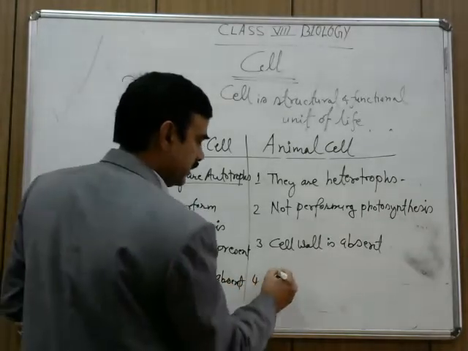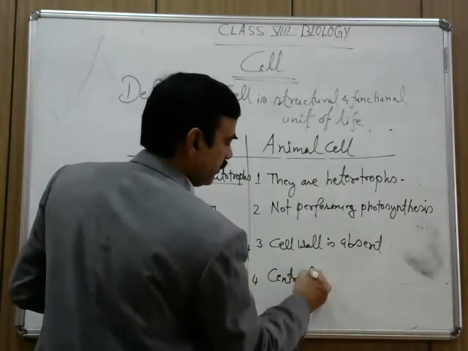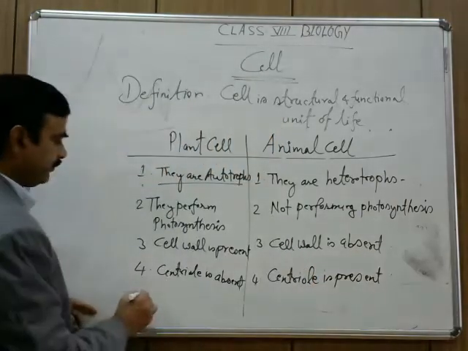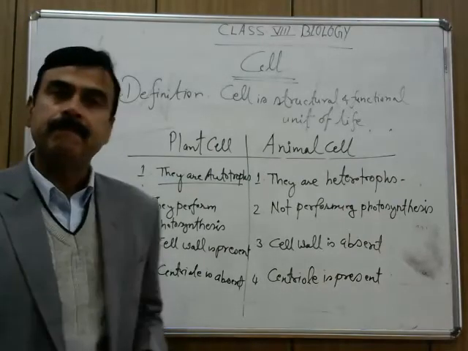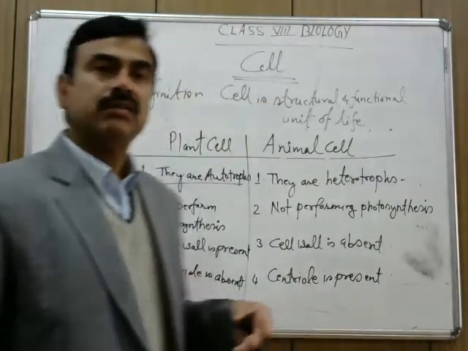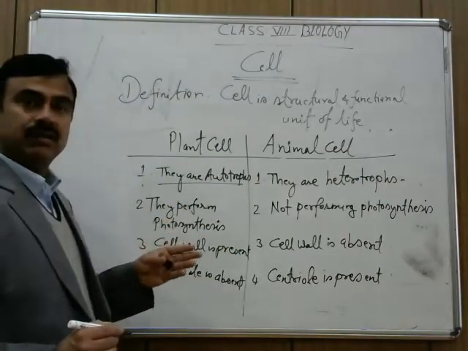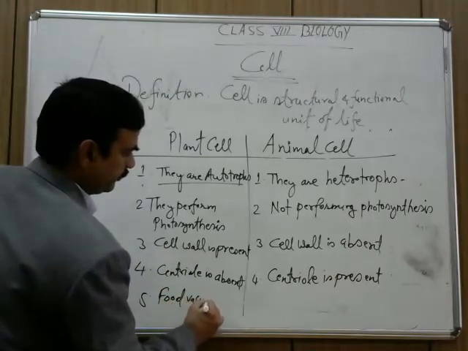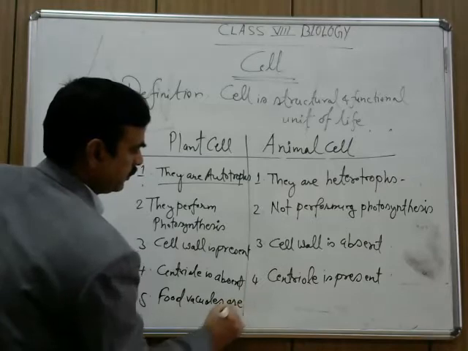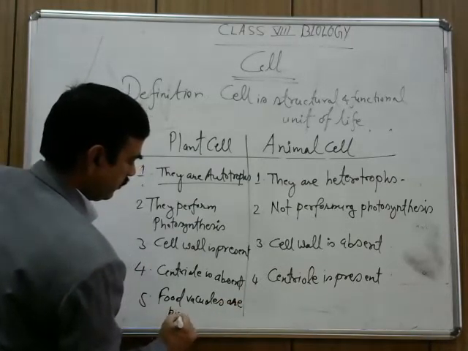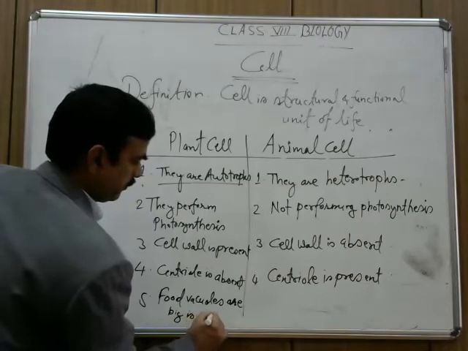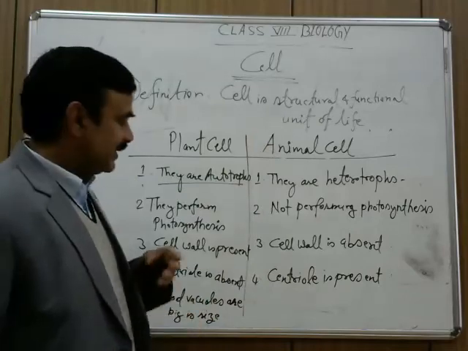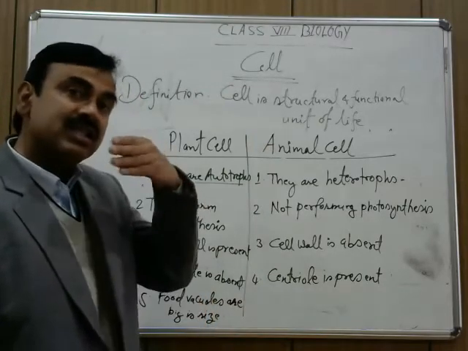You can write in the animal cell the centriole is present. Number 5. The food vacuoles are bigger in size in the plant. As far as the animal cell is concerned, the food vacuoles are smaller in size.